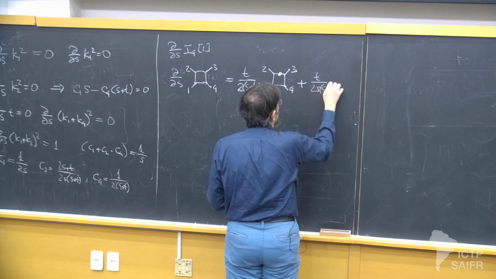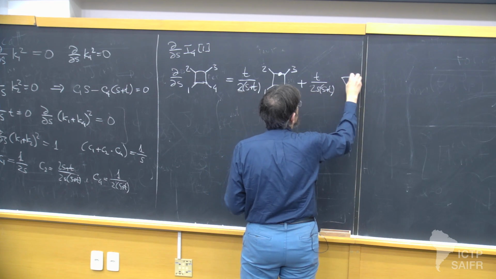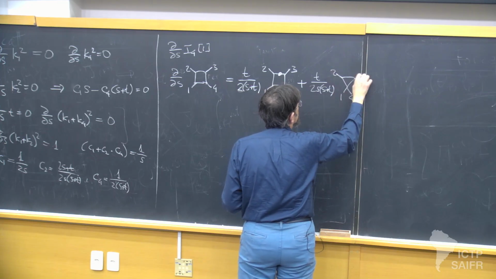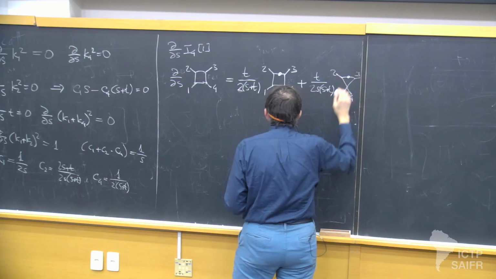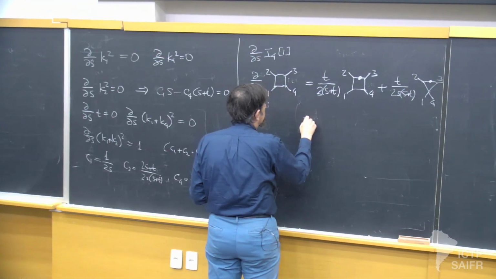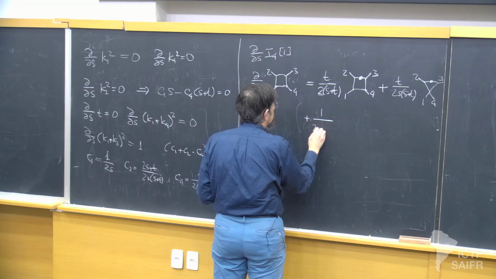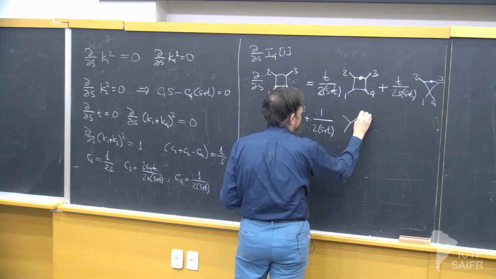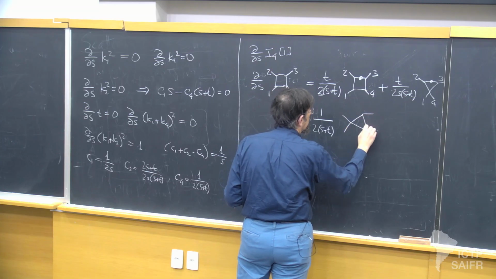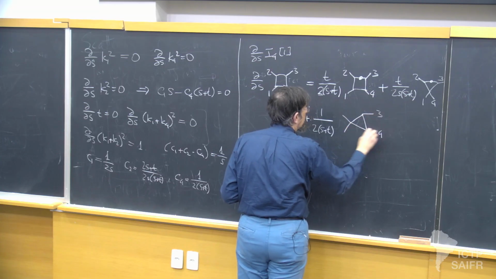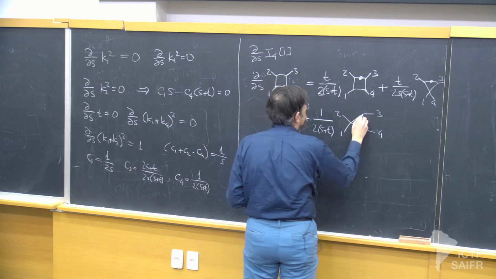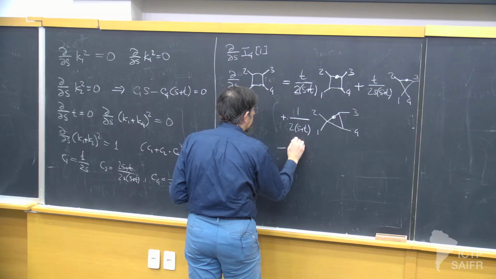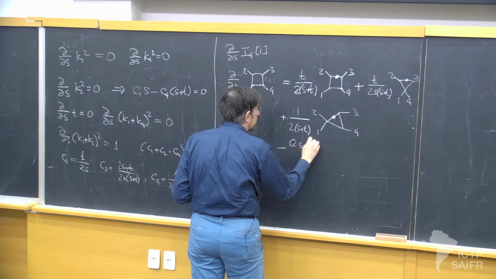2s, s plus t, to 1 and 4, and that should be 3. And then we have a bunch of other triangles. Write it here, 2s plus t.